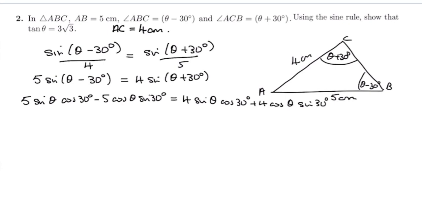If you work out what cos 30 and sine 30 are, you end up with 5 root 3 over 2 sine theta minus 5 over 2 cos theta, and that equals 2 root 3 sine theta plus 2 cos theta.